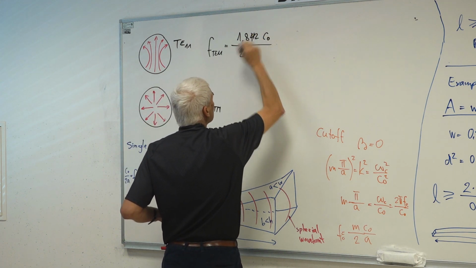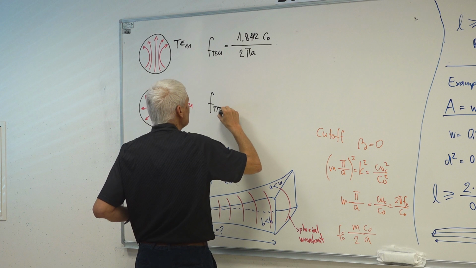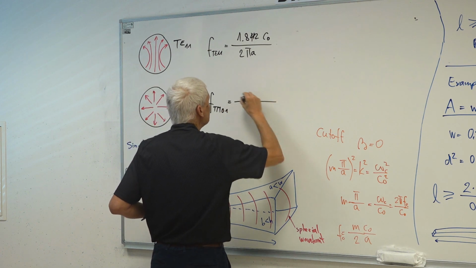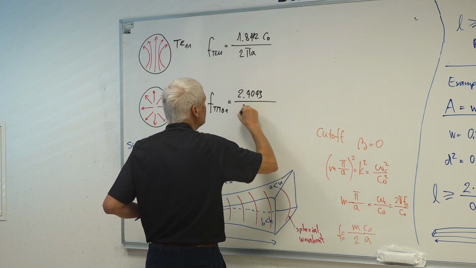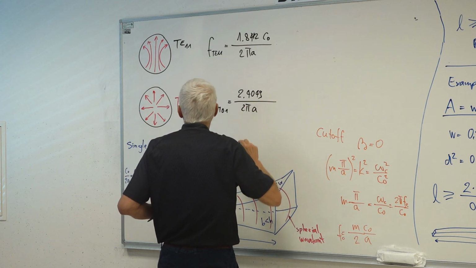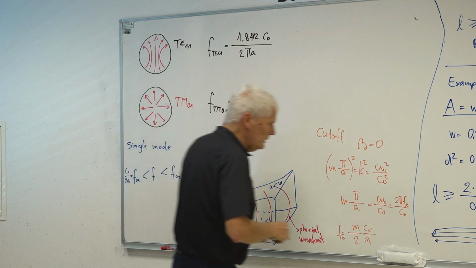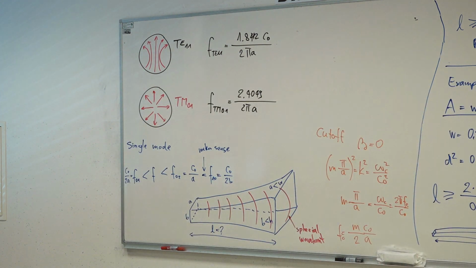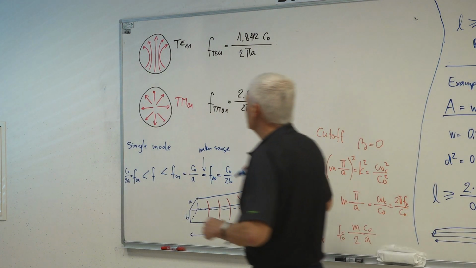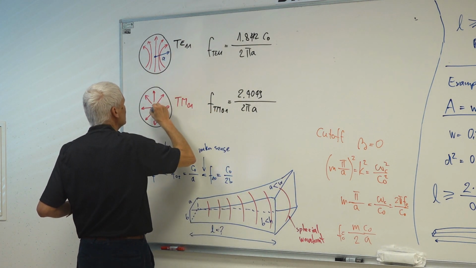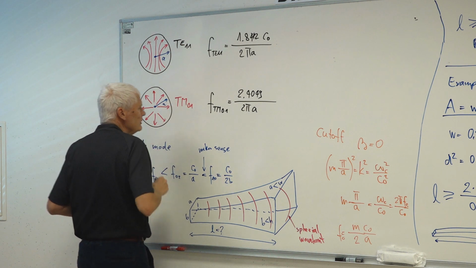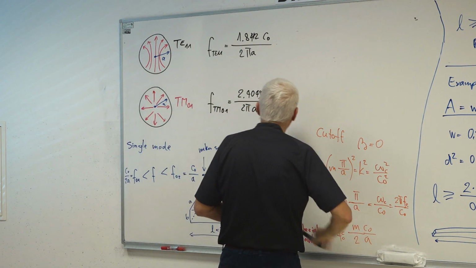While the F for TM01, I forgot, the frequency is slightly higher, 2.4049 over 2 pi A, where A is the radius of the waveguide, times C0.